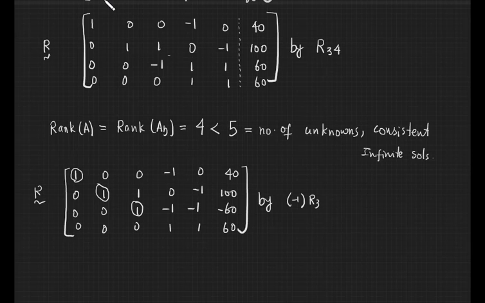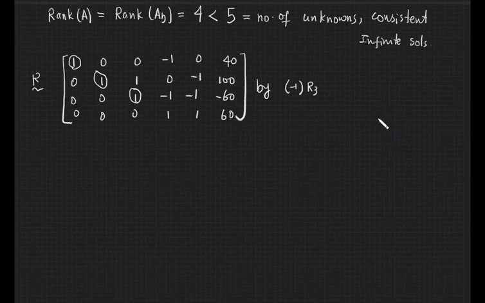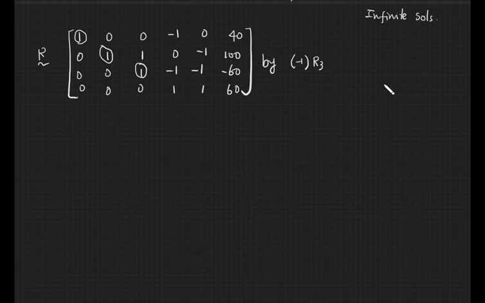So we need to make this 1 into 0 by applying the elementary row operation. The elementary row operation to make that 1 zero is R2 minus R3. So R1 and R4 will remain same. Just write down its entries first.